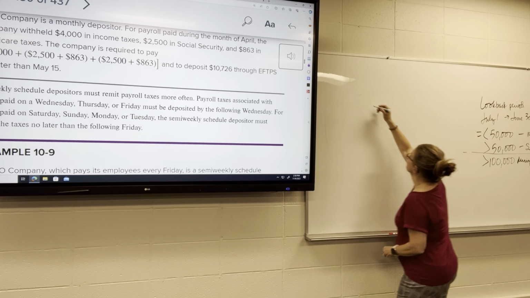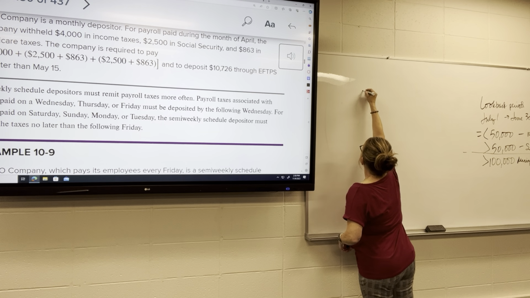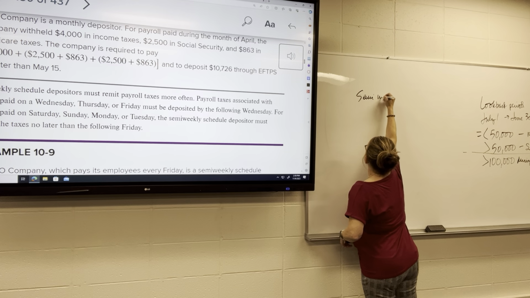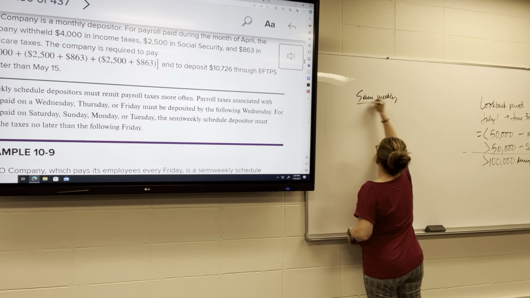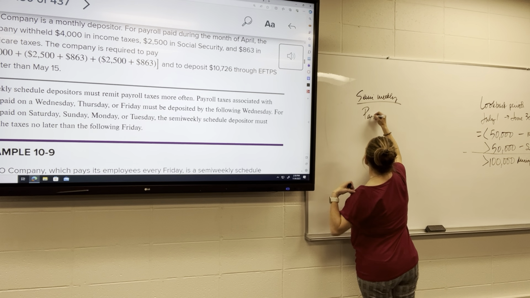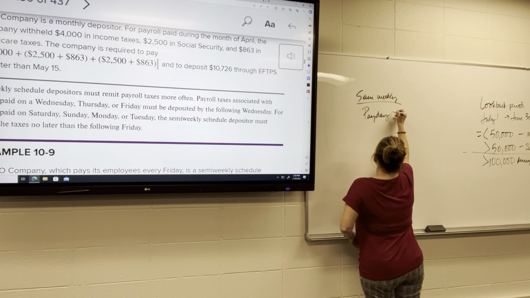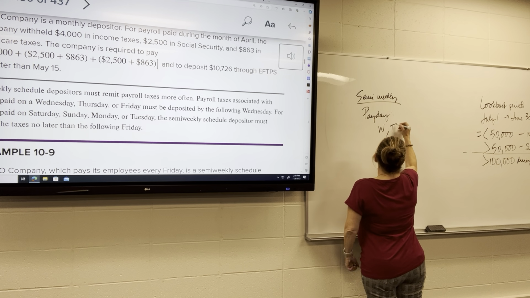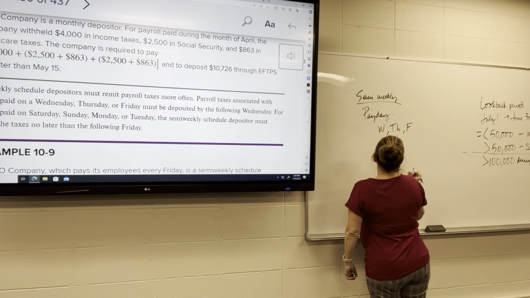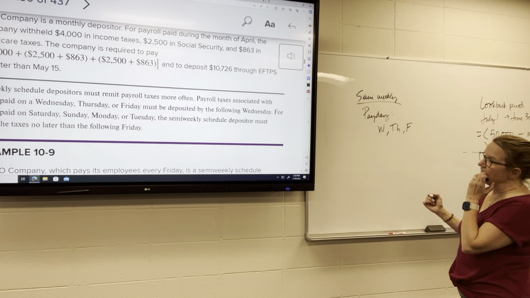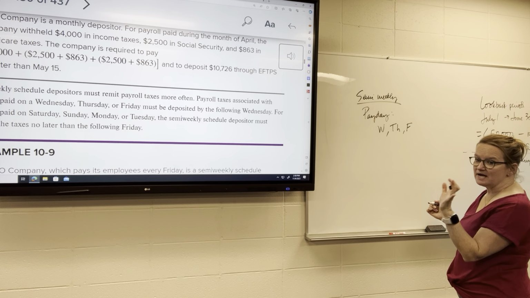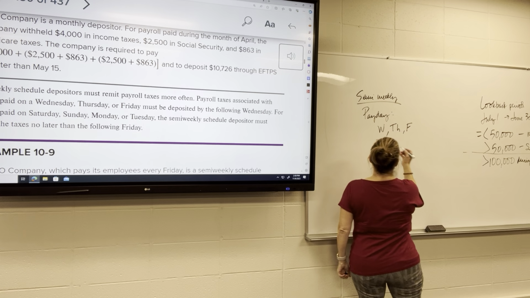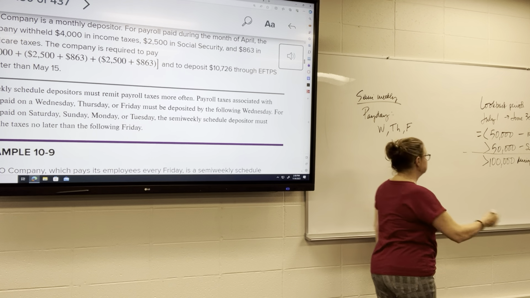So for semi-weekly, if the payday is Wednesday, Thursday, or Friday, then the deposit has to be made by the following Wednesday.